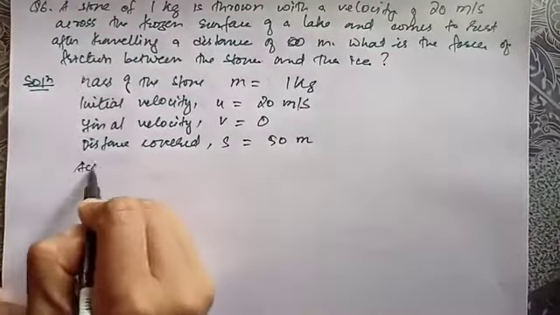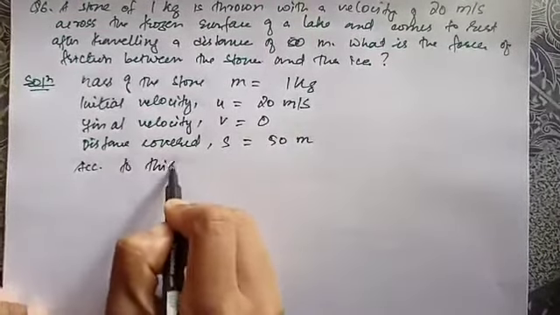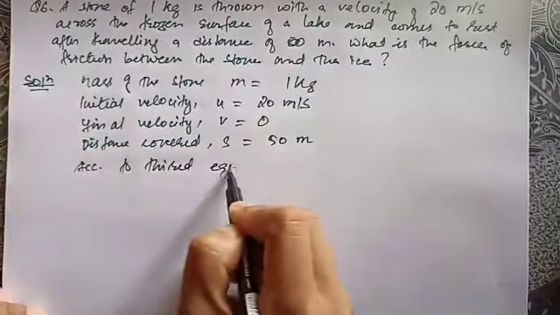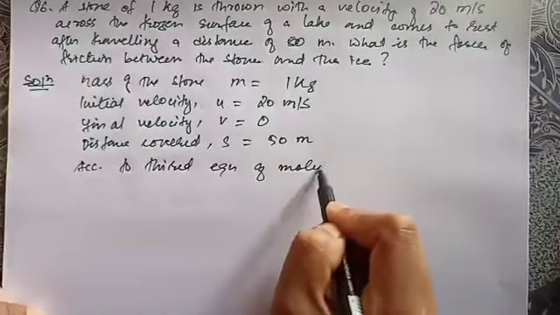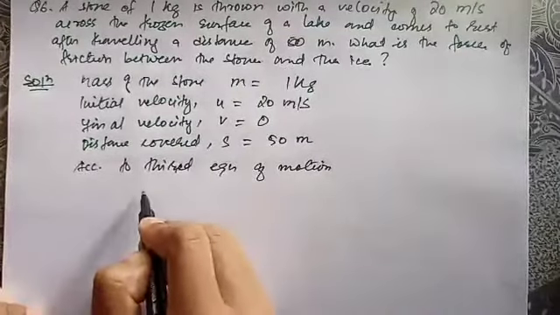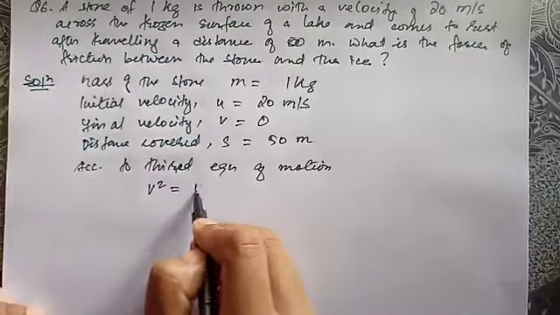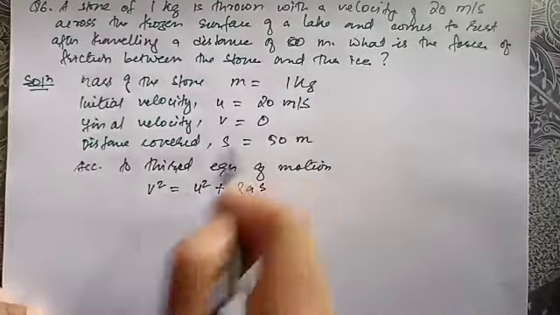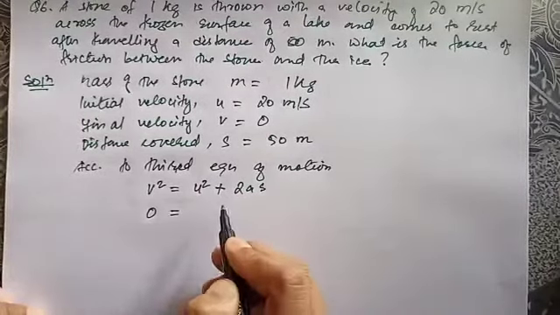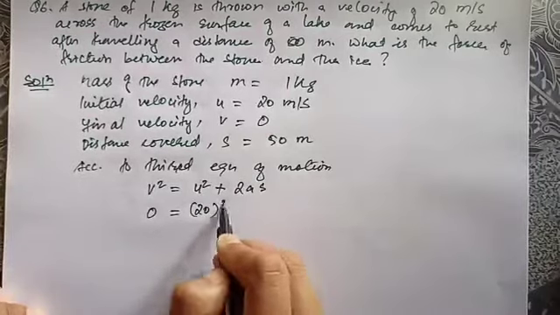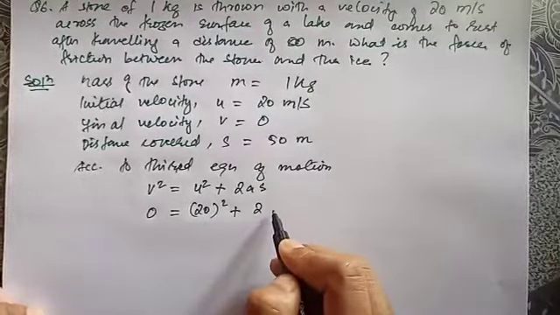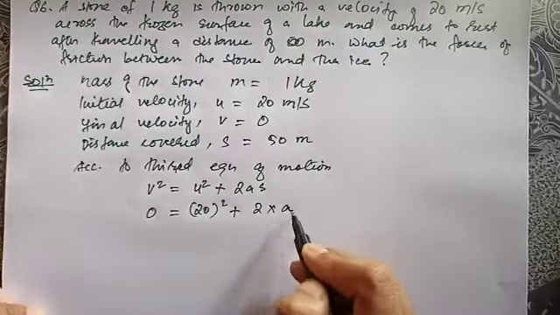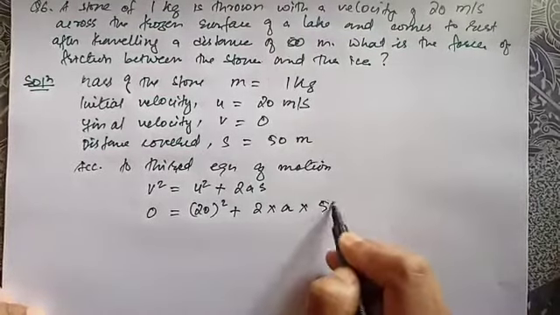So according to the third equation of motion, v² is equal to u² plus 2as. So v we know is 0, u² is 20 squared, plus 2 into a, acceleration we do not know, into s is 50.